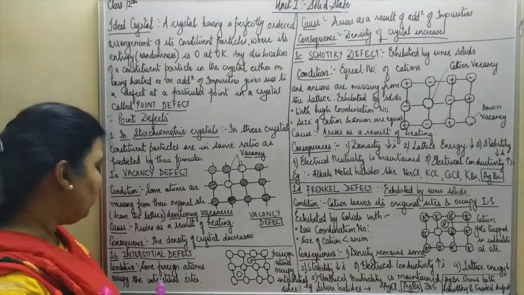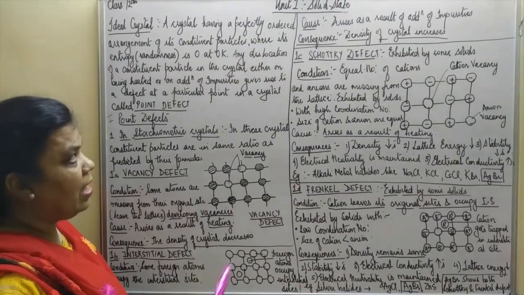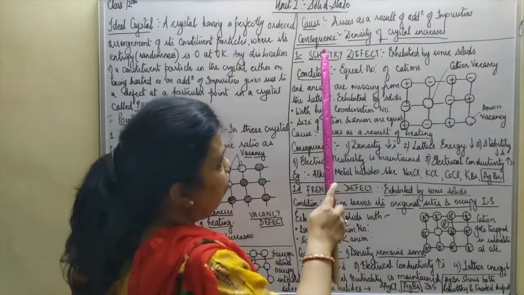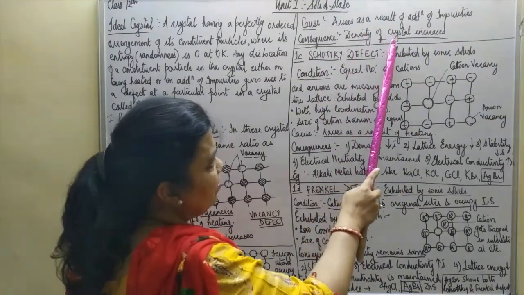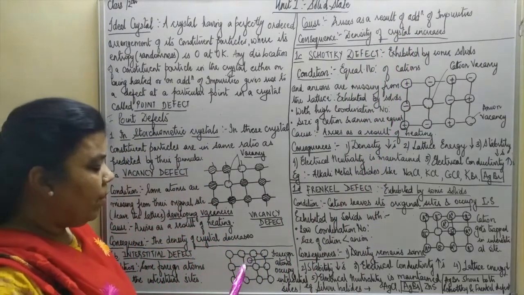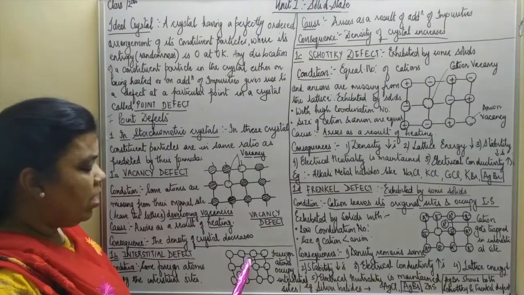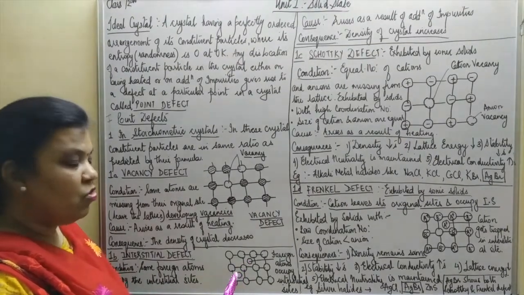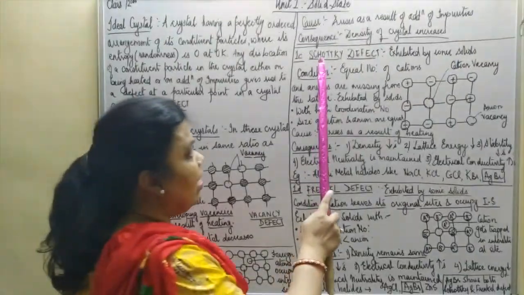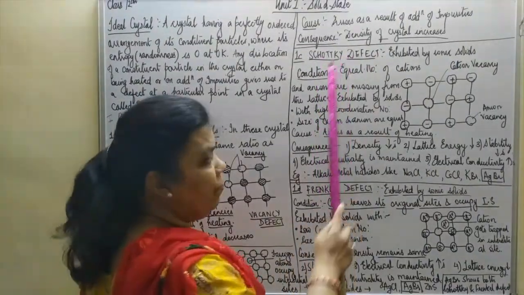Cause: it arises as a result of addition of impurities. Consequence: the density of this crystal will increase, because of the accommodation of the foreign atoms in the interstitial site, since mass per unit volume increases. Remember.